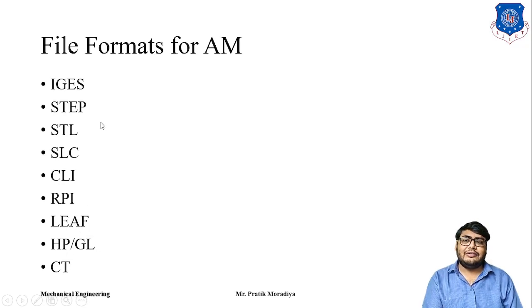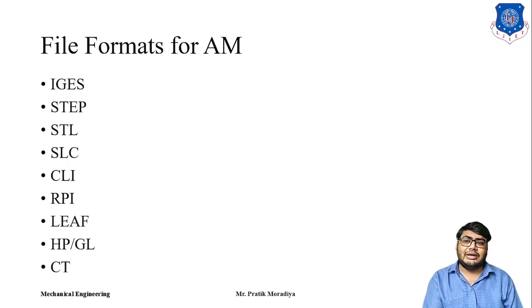We'll look at SLC, CLI, RPI, LEAF, HPGL, and CT. For all these file formats, we'll just see a brief overview, and we'll discuss what each of these means and how the data is stored in each of these file formats, along with some overview of the advantages and disadvantages of each file format. By far, STL is the de facto standard in the additive manufacturing domain.